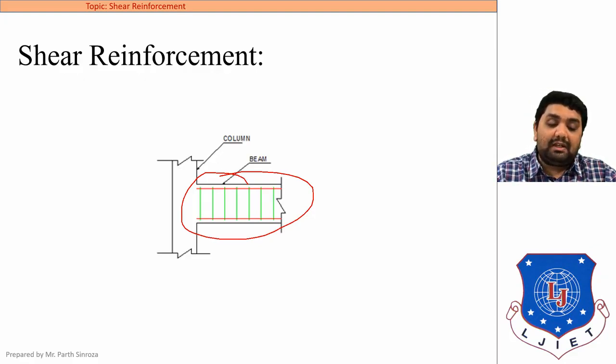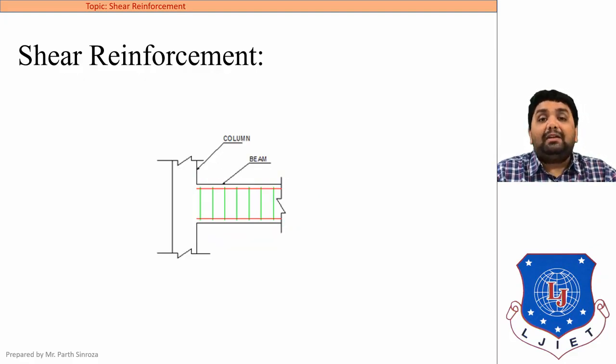As we have discussed in our previous lectures, there were two particular forces acting on a beam, that were bending moment and shear force. We have discussed bending moment, and regarding that, the normal conventional steel, that is longitudinal steel bars, or you can say main steel bars, are provided to withstand the bending moment that is acting in the beam.